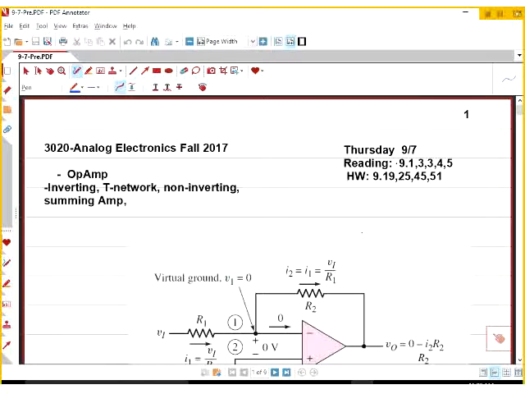So, let's start the lecture by talking more about the op-amps. The ideal op-amp has infinite input resistance, infinite gain, zero output resistance, right? That was the characteristic.